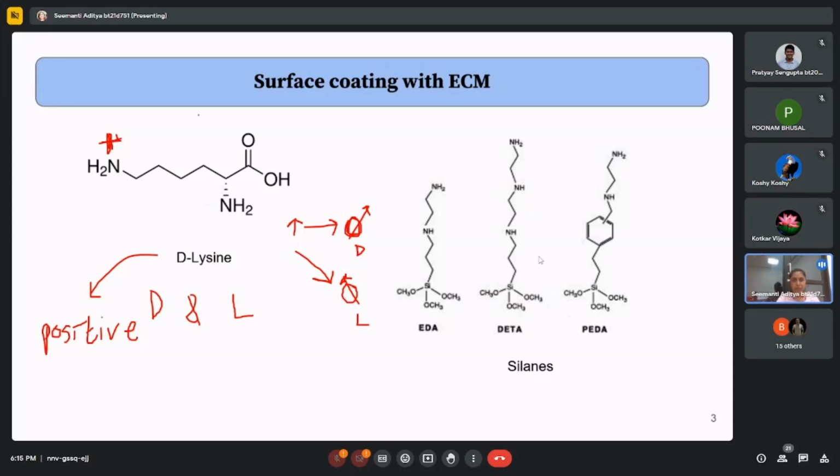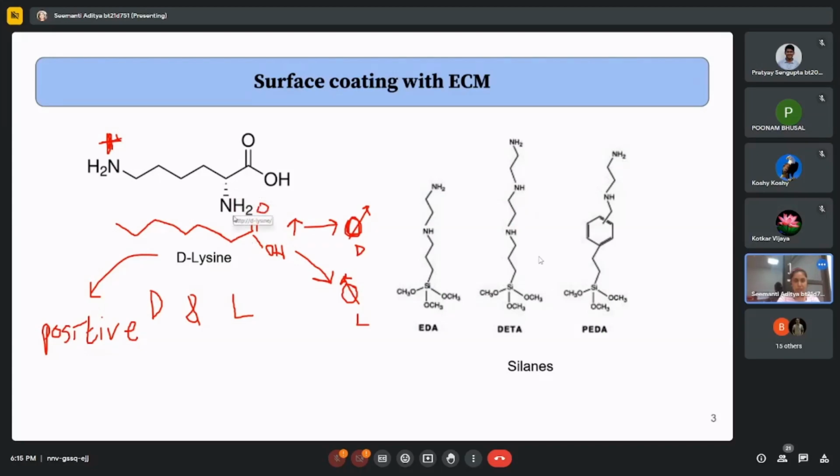When many monomers of lysine join together, they form poly D lysine. How they form it: when two monomers of lysine join together, it will remove water, H2O, and form a peptide bond.